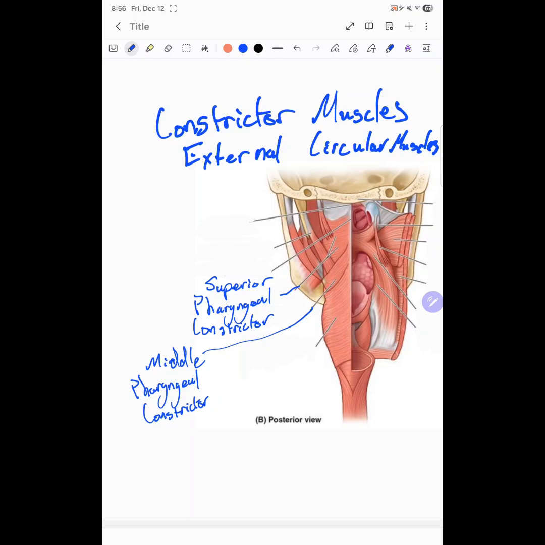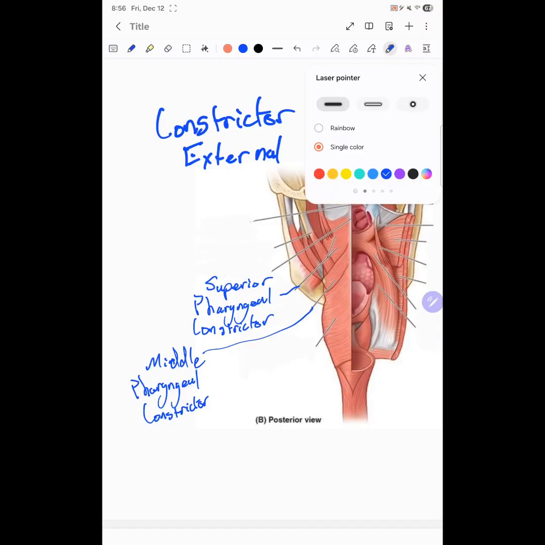It's also going to overlap the superior pharyngeal constrictor just a little bit, as you can see right there. It's innervated by the vagus nerve as well, and its function is to continue the constriction of the pharynx, moving the food downward during swallowing.